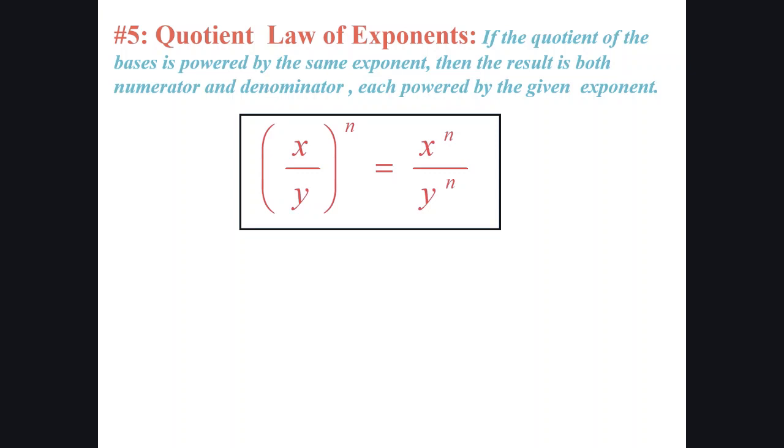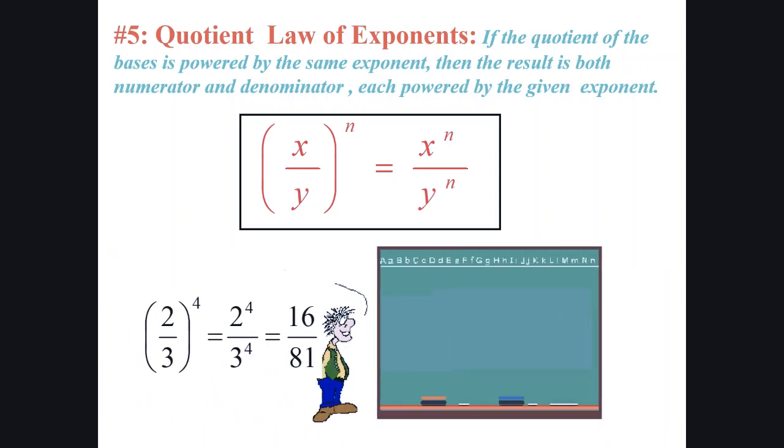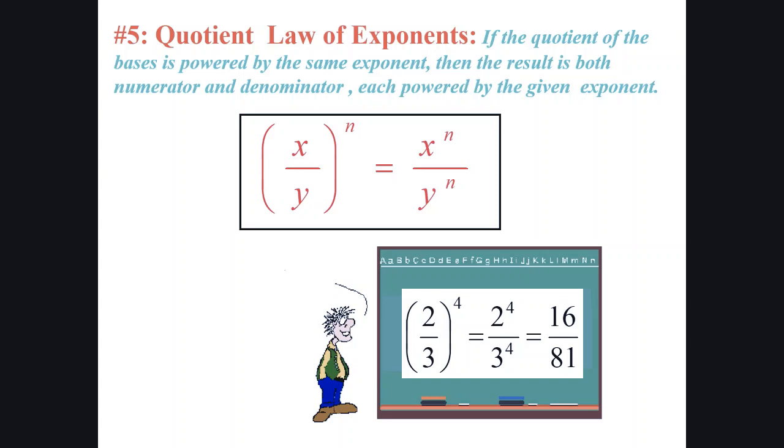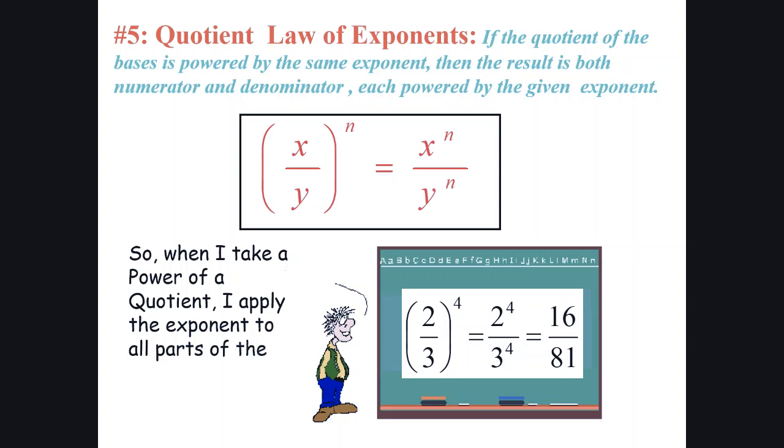So quotient means division, okay? x to the n over y to the n. So a number example would be 2 over 3 all to the 4th power: 2 to the 4th power over 3 to the 4th power, which, 2 to the 4th equals 16, and 3 to the 4th power equals 81. So the answer would be 16 over 81. So when you take a power of a quotient, you apply the exponent to all parts of the quotient.